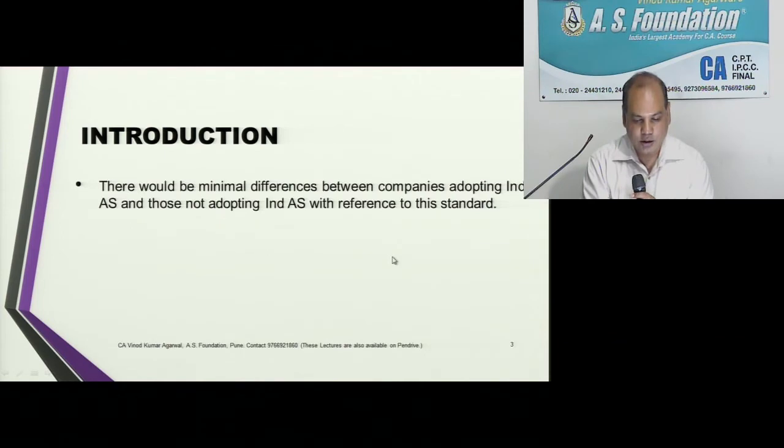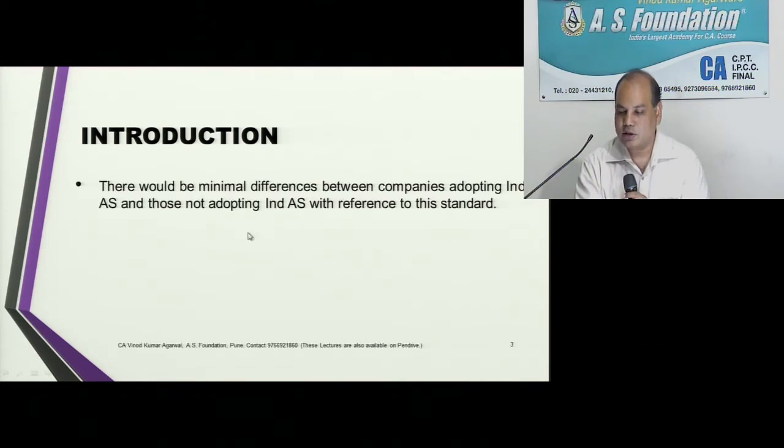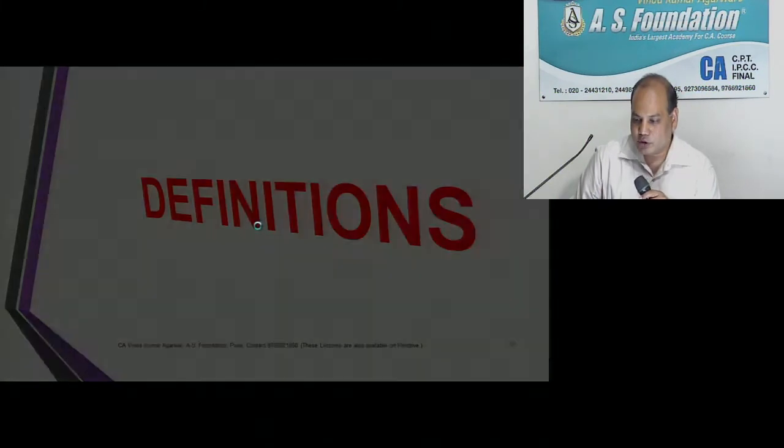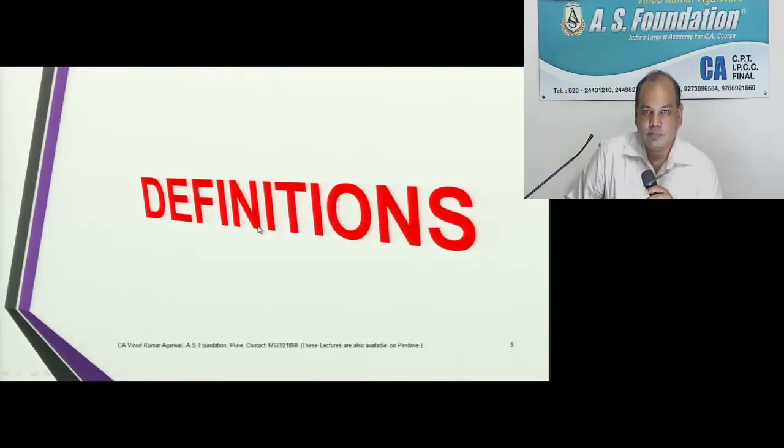And now Ind AS 1 is more closer to or very close to the financial statement of international companies now. So after companies start following Ind AS 1, there will be very minimum difference left between the Ind AS and IAS, and very minimum difference is there between Ind AS and Schedule 3 also. There are differences, but very minimum. The Schedule 3 itself was already designed as per the international format.